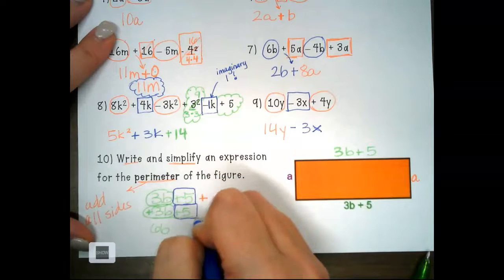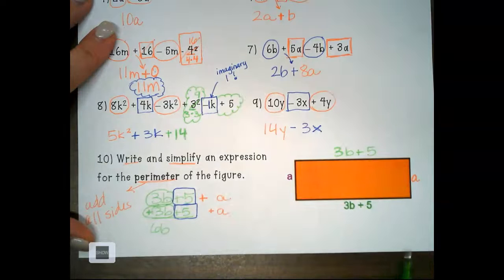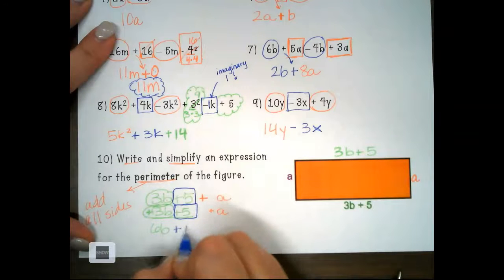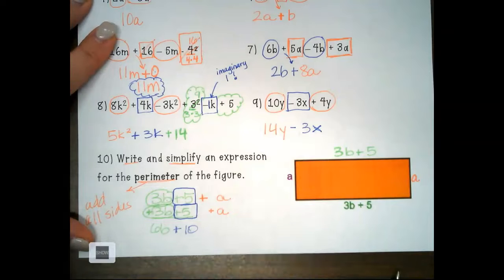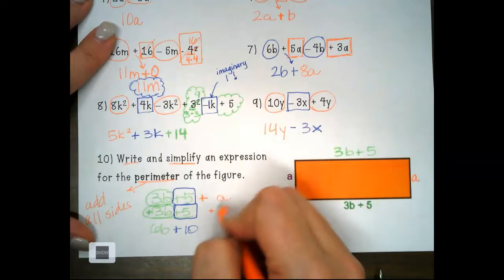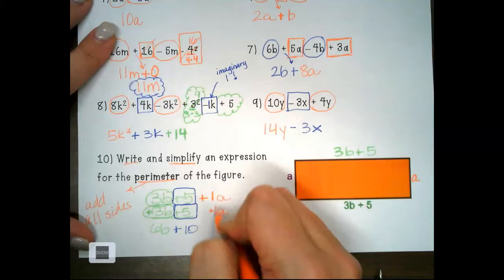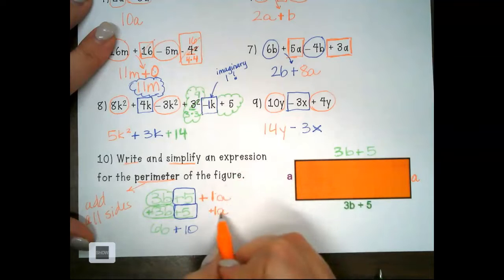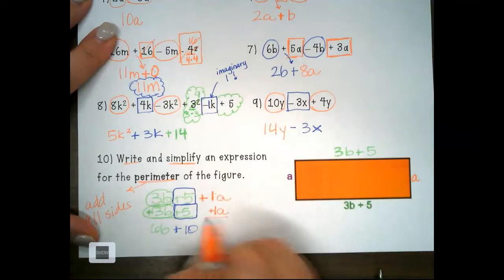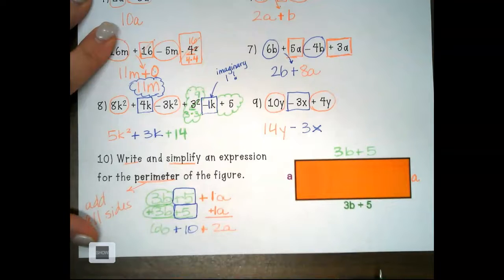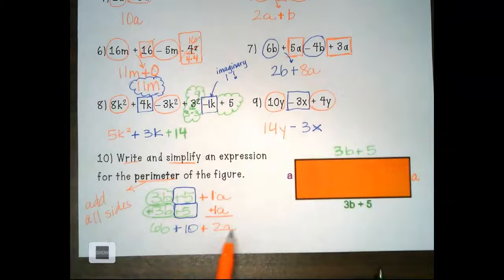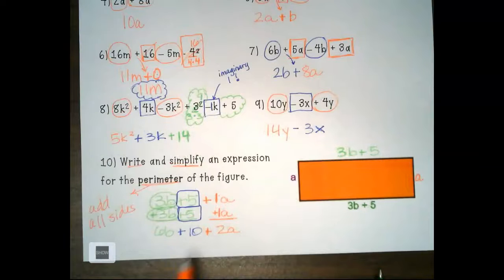So that means instead of just adding 5 and 5, we're going to add 10. And then, don't forget, that imaginary 1 is here and here. So 1a plus another 1a is 2a. And these are all different terms, so you're finished.